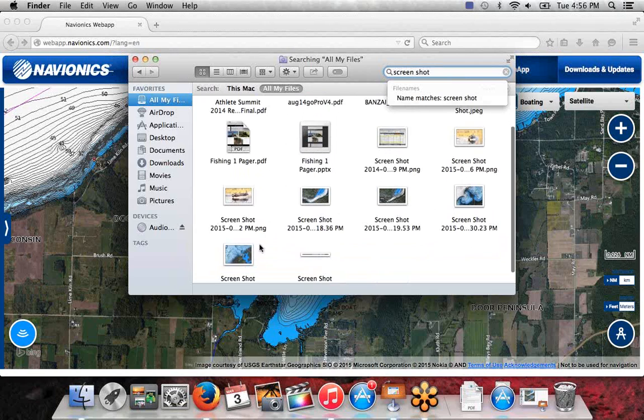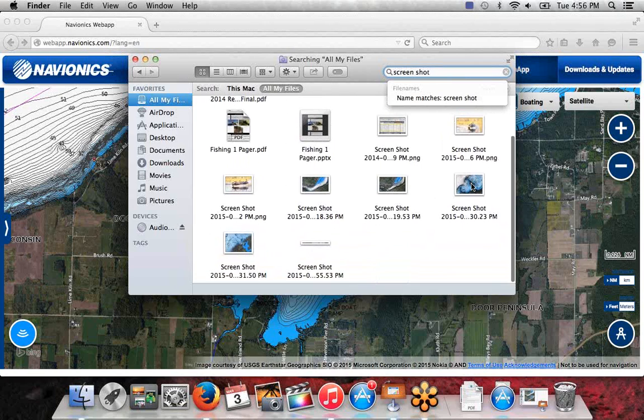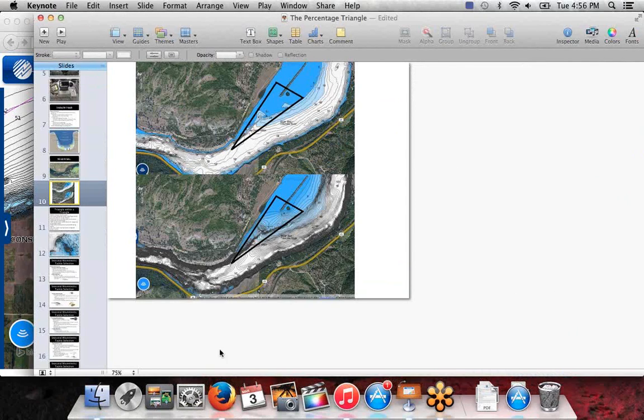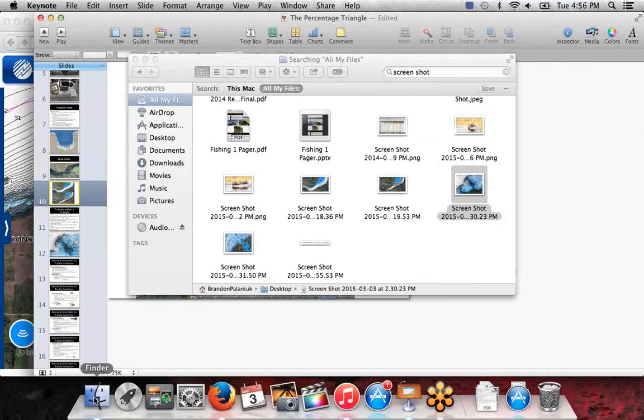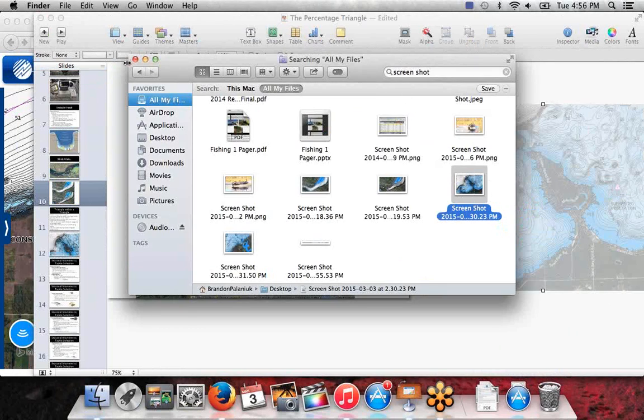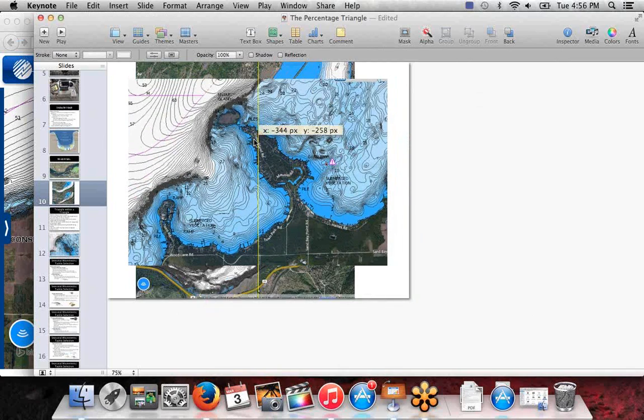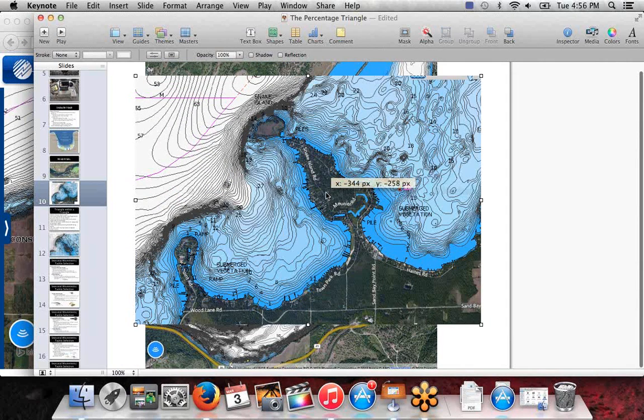We'll grab our screenshot from right here, and I'll drop it right into my PowerPoint, if I can actually pull it up. This will be the easiest way to do it for you guys. Okay, so I've got it right here, and let me actually change this so you can see it better.